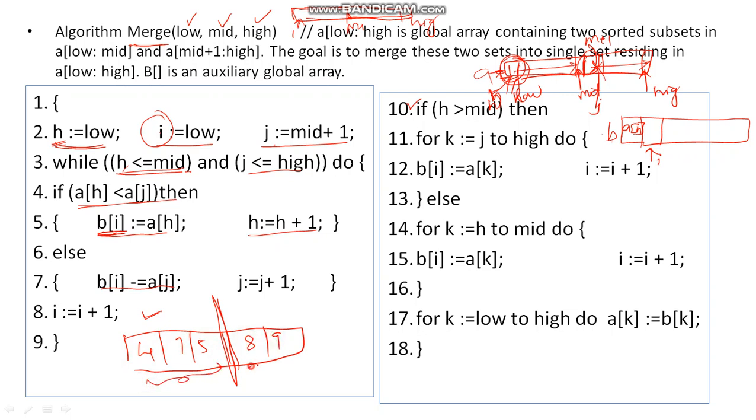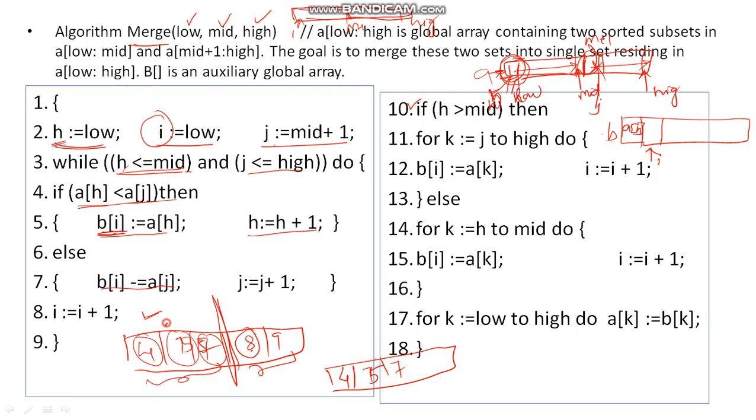If I want to merge them, in a temporary array, the first element and the mid plus 1 element will be compared and the smaller one will come here. The second element and the mid plus 1 element will be compared and the smaller one will come here. Let us say this is 5 and this is 7. So 5 will come here. The next element is 7 and it will be compared with this particular element and it will come here.